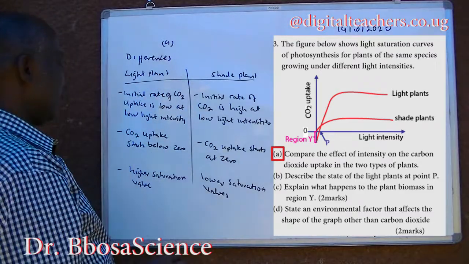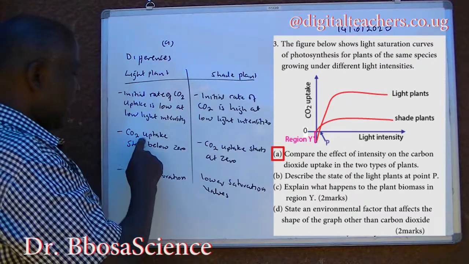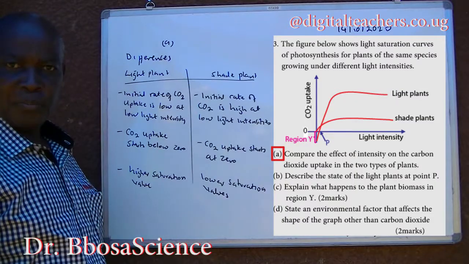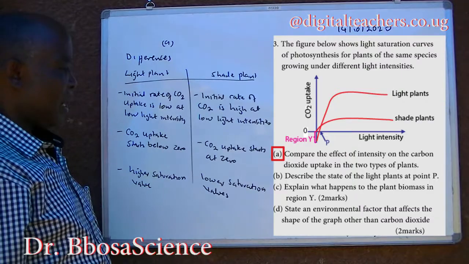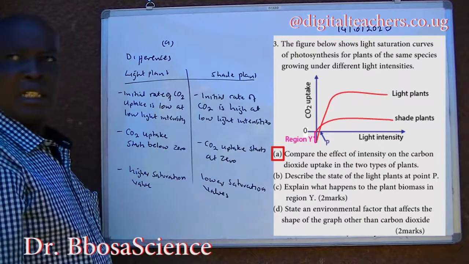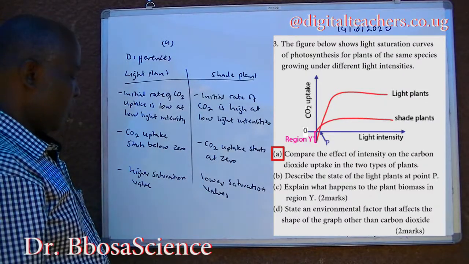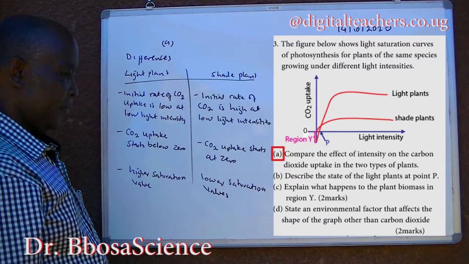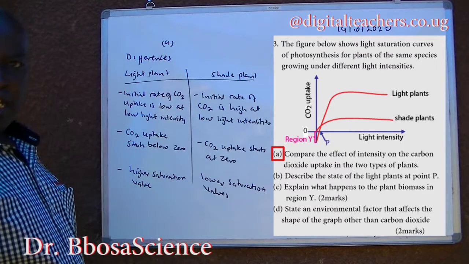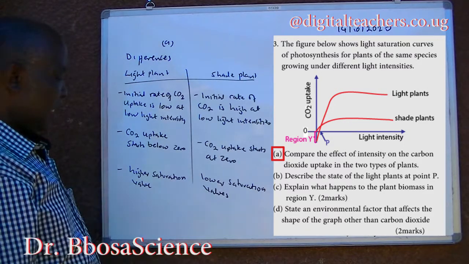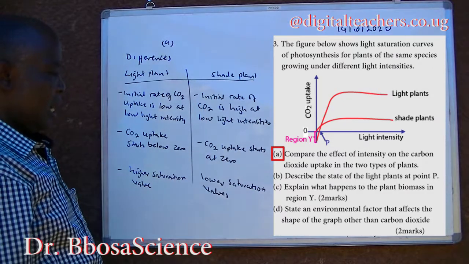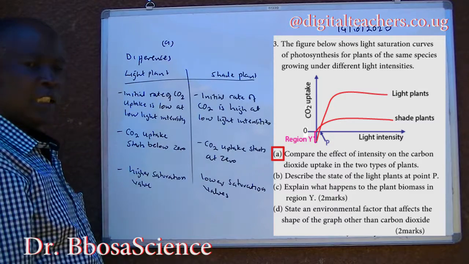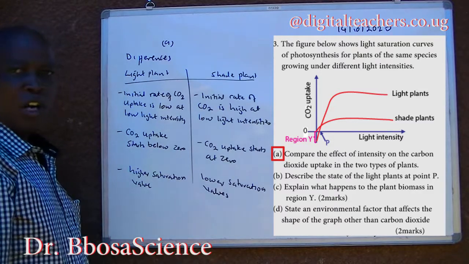In the light plant, carbon dioxide uptake starts below zero light intensity, while in the shade plant, carbon dioxide uptake starts at zero light intensity. Light plant achieves higher saturation value, while shade plant achieves lower saturation value.